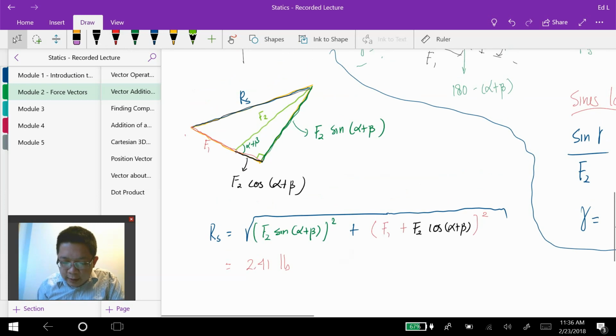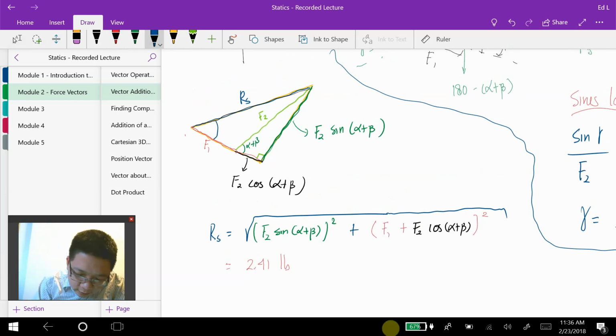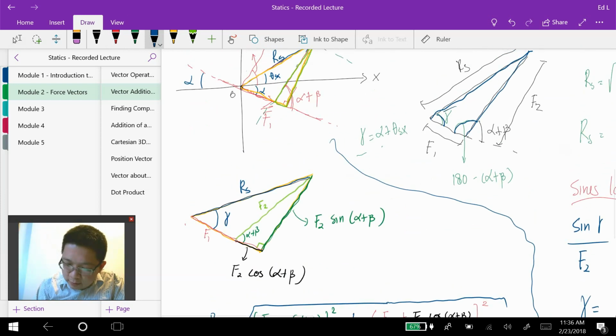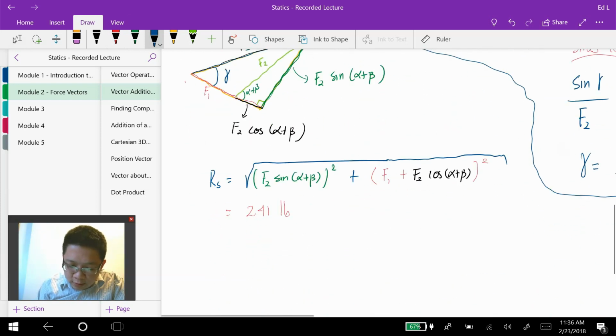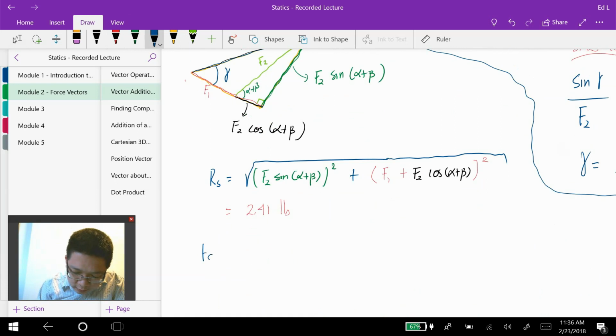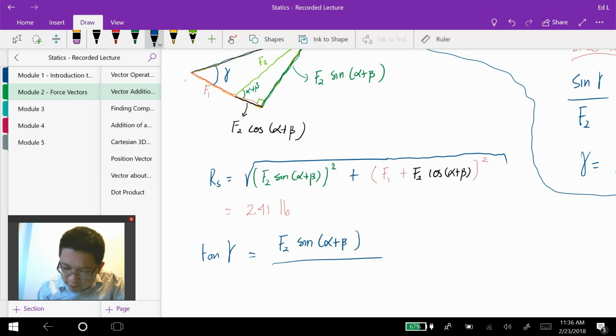All right, and then we also can calculate this angle right here, which is angle gamma, the same gamma that we use in here, right there. So we can calculate tangent gamma is equal to F2 sine alpha plus beta divided by F1 plus F2 cosine alpha plus beta.